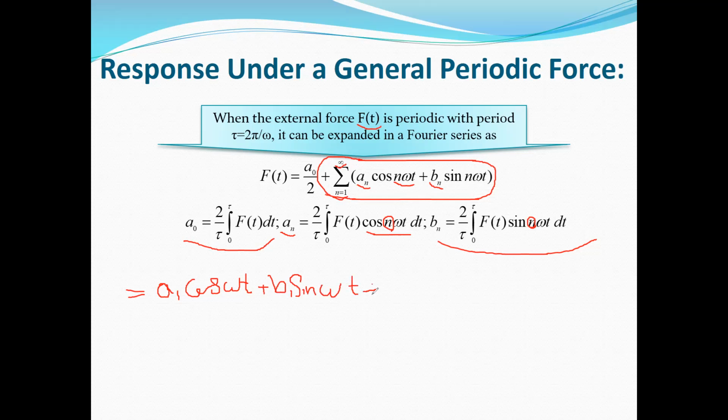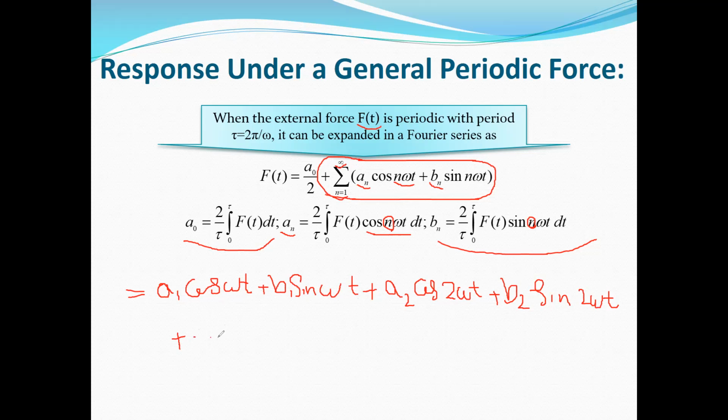The next term is n equal to 2, so it will be a2 times cosine 2 omega t, plus b2 times sine 2 omega t. And the next term, we substitute n equal to 3, so it will be a3 cosine 3 omega t plus b3 sine 3 omega t, and so on.